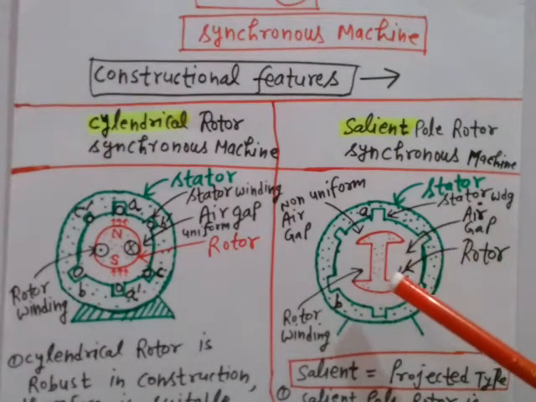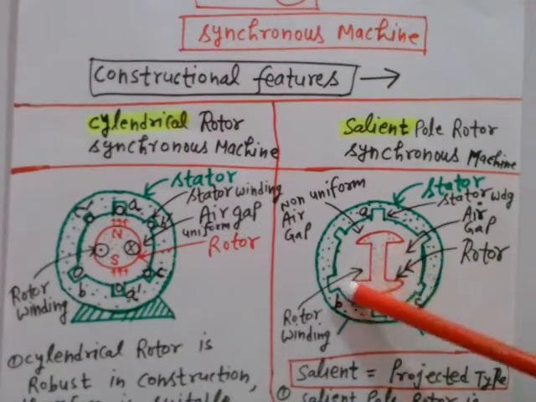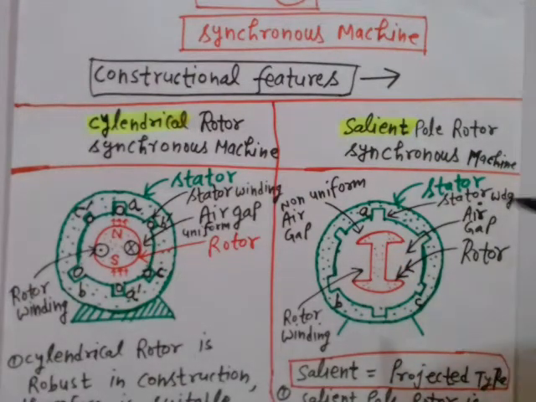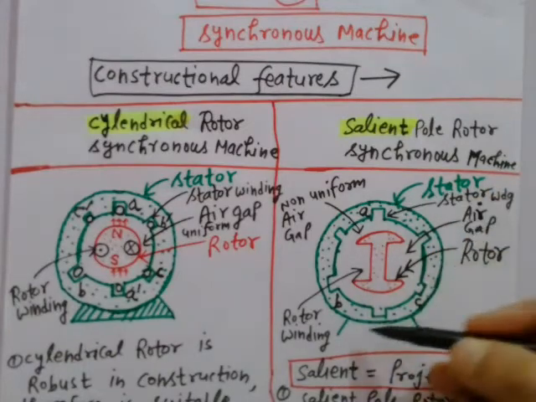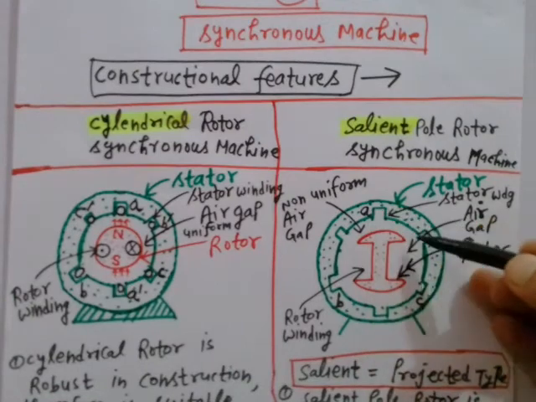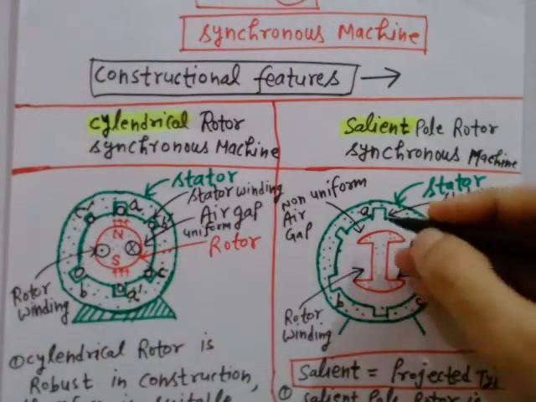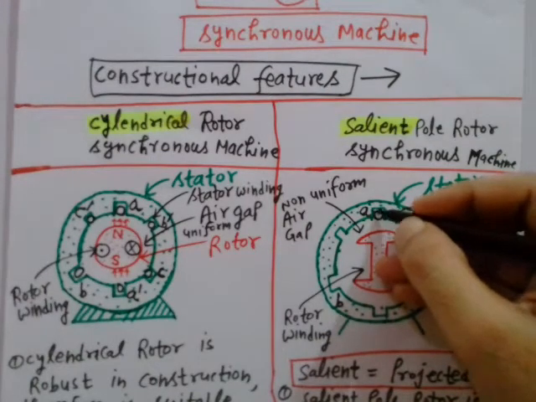Now come to the salient pole rotor, that means projected type structure. So here the green part that you're seeing is the outer frame of a stator. These are the stator slots, जिसमें कि आपकी stator windings पड़ी हुई हैं.